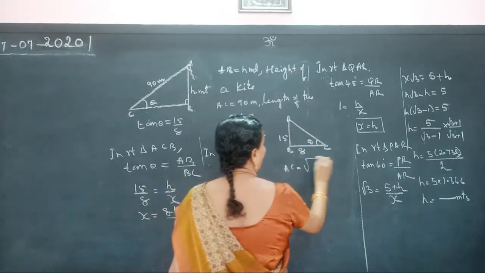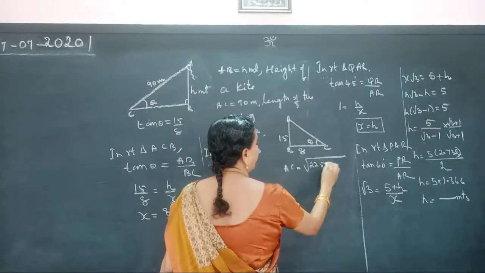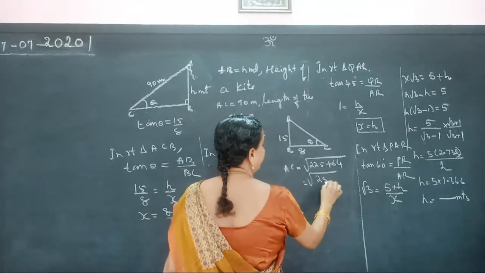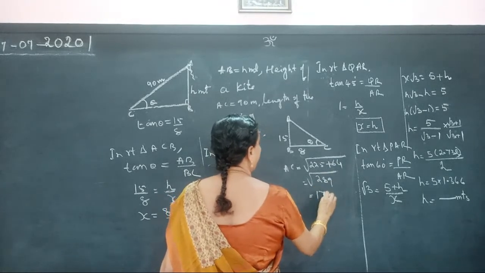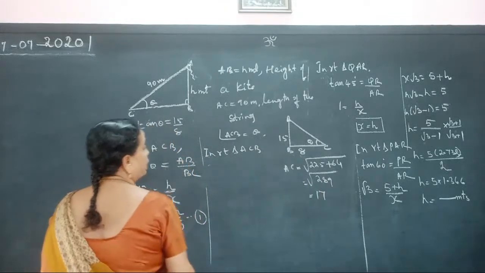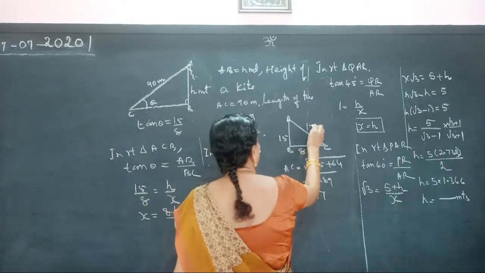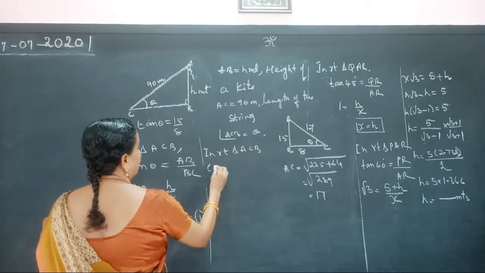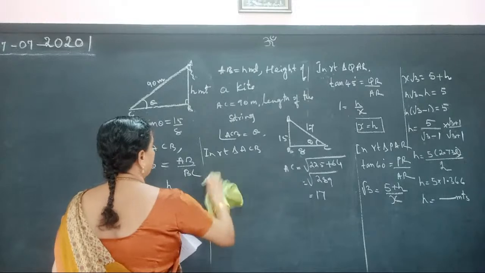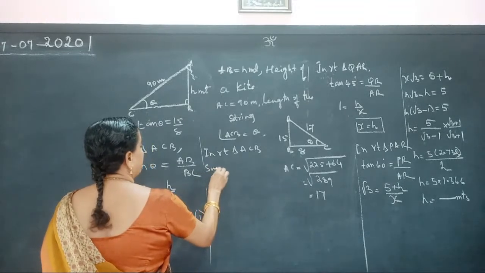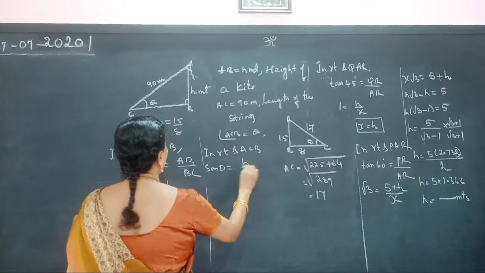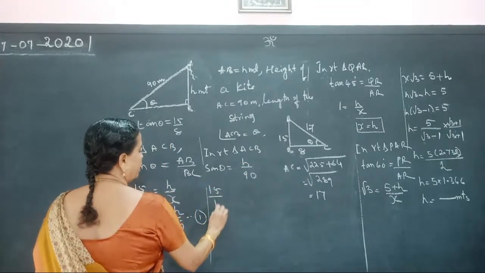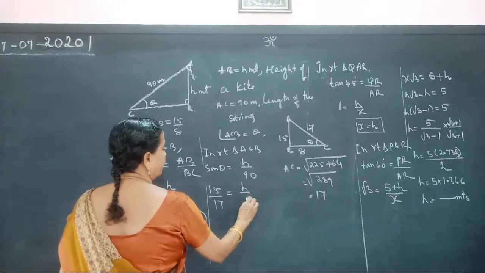AC equals root of 225 plus 64, 289, it is 17. So here we consider AC as 17. So now if I consider sin theta equals h by 90, sin theta is 15 by 17 equals h by 90.